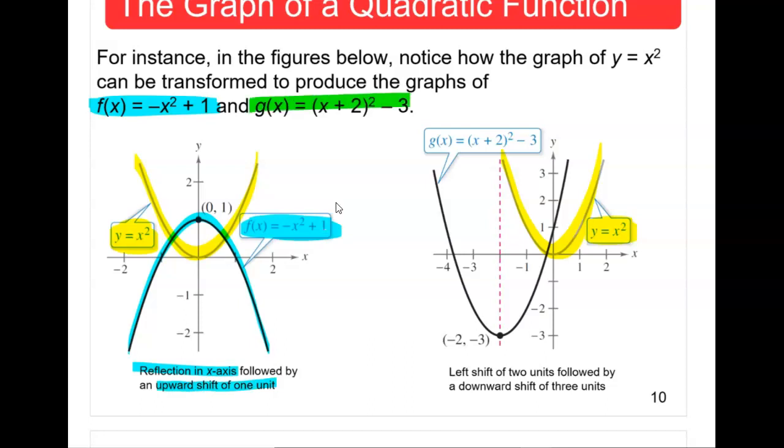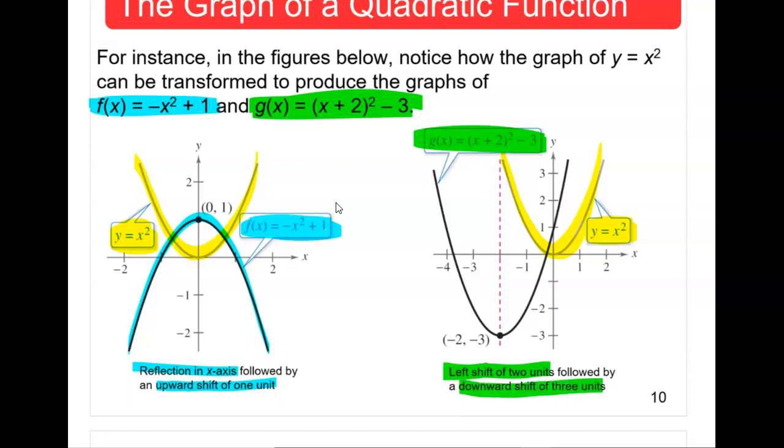And then with g of x, we have the equation there. What's happening is that we have a shift left 2 units. That's the plus 2 inside the parentheses. And then we have a downward shift of 3 units. That is the minus 3, so 3 units down.